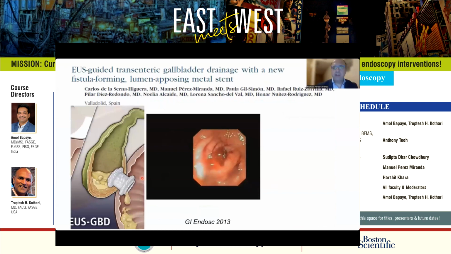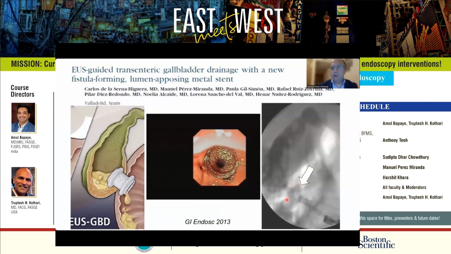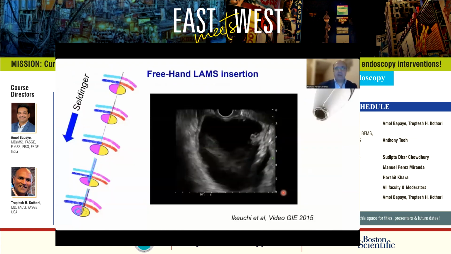Here's the proximal flange in the stomach that is about to go beyond and needs salvage with a rat tooth forceps to prevent peritonitis, but traction needs to be done gently to prevent dislodgement of the proximal flange. Eventually, this was salvaged. The opposite misdeployment may occur with the distal flange lying between the gallbladder and the GI tract, and that can be salvaged with a fully covered 6 centimeter tubular SEMS.